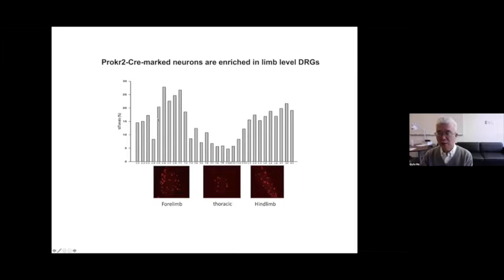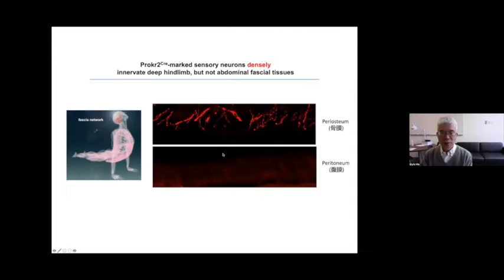When we look at the distribution of those neurons, percentage-wise they are enriched in the forelimb and hindlimb, but much less at the thoracic level, almost fourfold enrichment in the limb region compared with the thoracic level. Then we looked at the innervation, and found that this group of neurons is quite interesting, and they include those myelinated Prokr2-labeled neurons. This is the fascia tissue in our body.